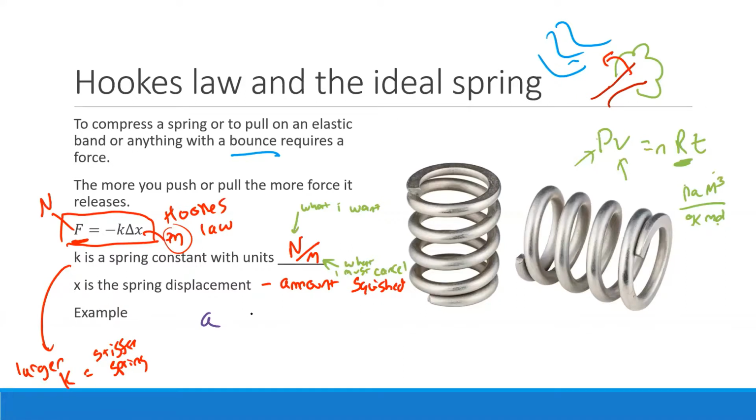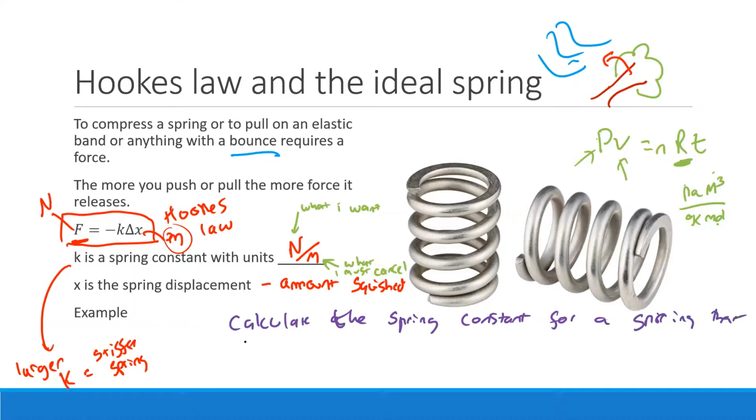Calculate the spring constant for a spring that needs, let's say it's a pretty weak spring, 1.2 newtons of force to compress 2 centimeters, so we're squashing it.